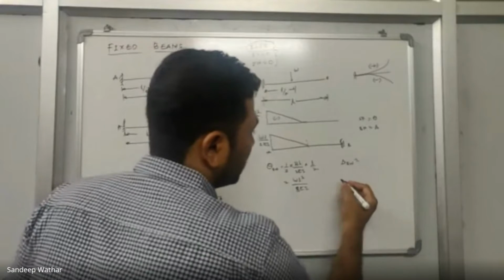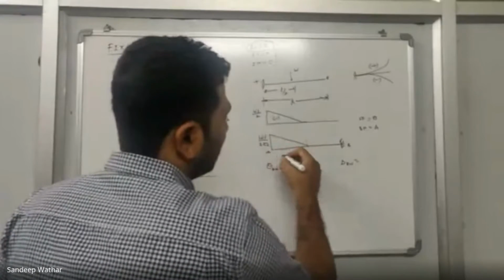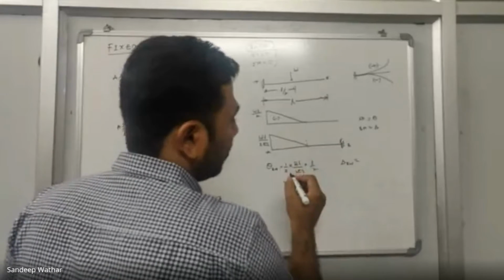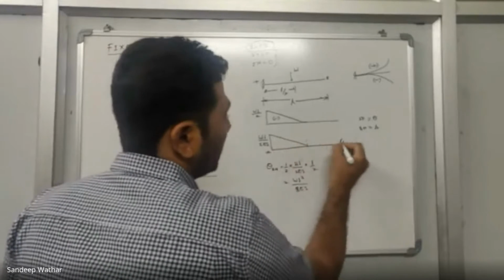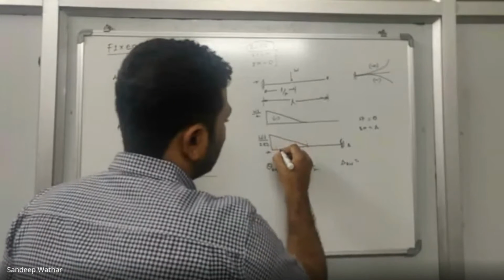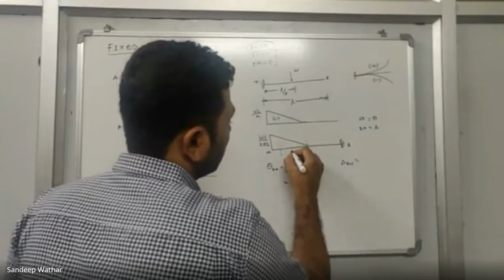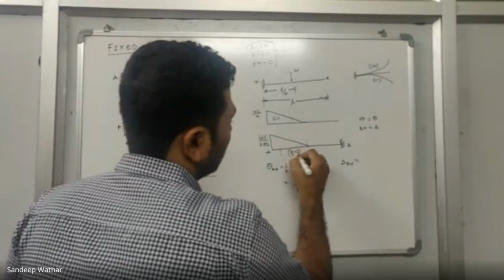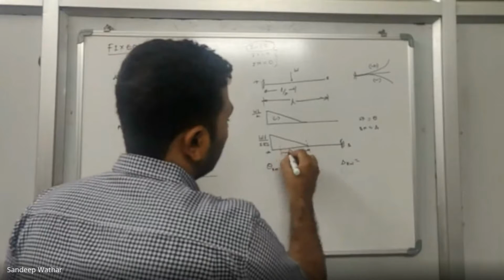To calculate the deflection at B, I'll take the total load and multiply by the CG with respect to B. Now let me calculate the CG of this area with respect to B. The CG will be somewhere here, so this equals 2/3 into L divided by 2. What was this distance?